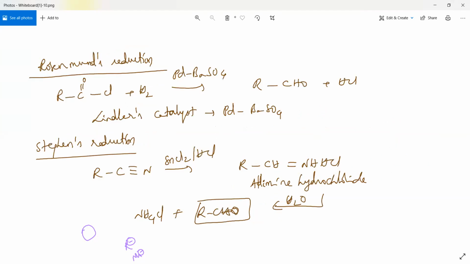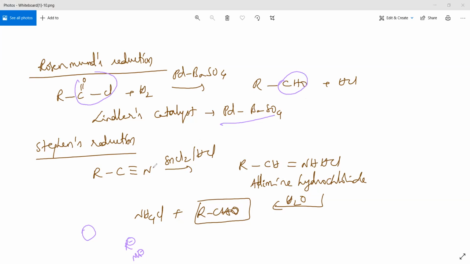Next, Rosenmund's reduction, very important. Acid chlorides in the presence of palladium on barium sulfate, that is what we call Lindlar's catalyst, will give you the corresponding aldehyde. That means the COCl group is converted into CHO group by the use of the catalyst.